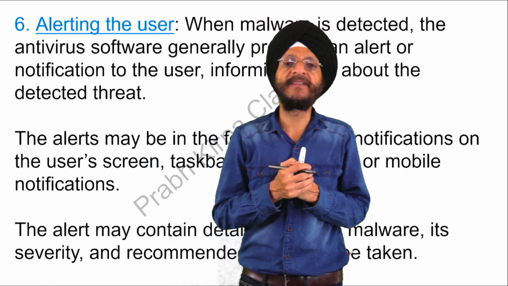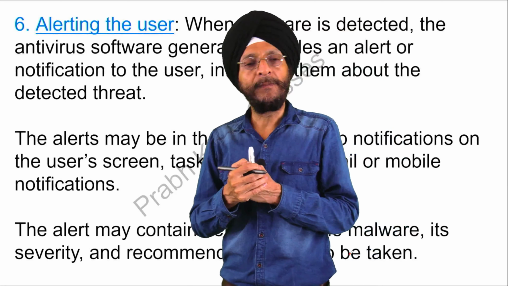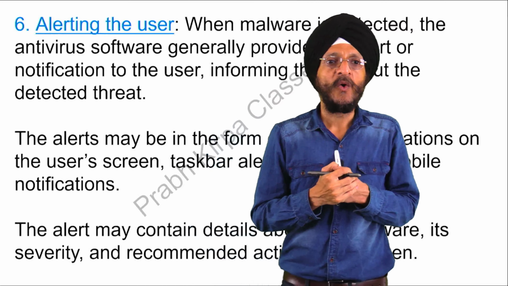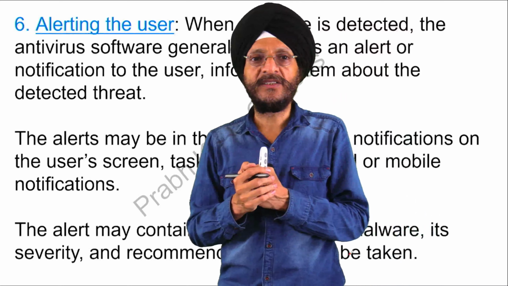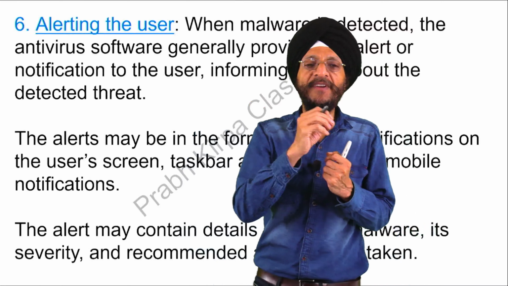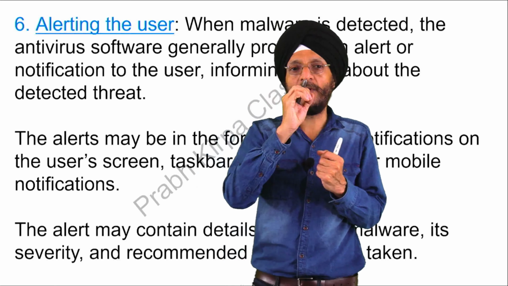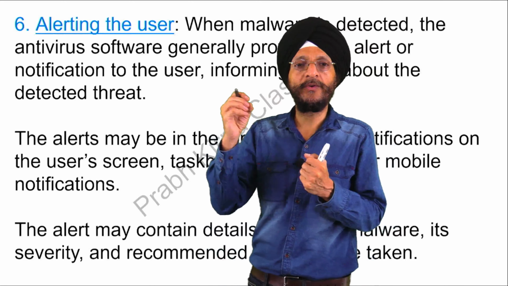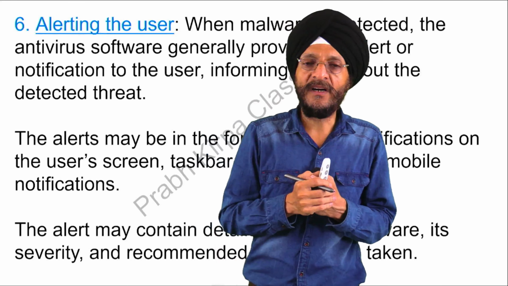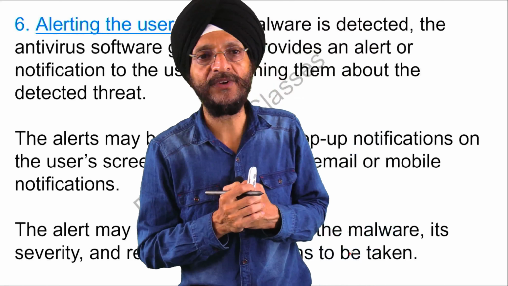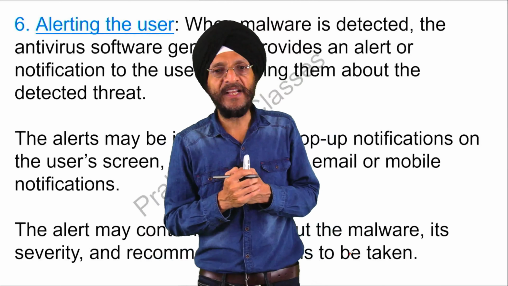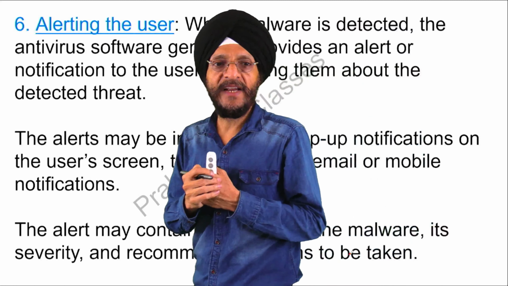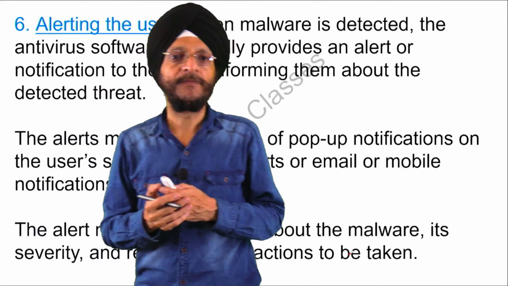The alert may be in the form of a pop-up notification on your screen or taskbar alerts, or the notification may be sent on your email, or there may be a notification on your mobile. The alert may contain details about the malware, its severity, and the recommended actions to be taken.